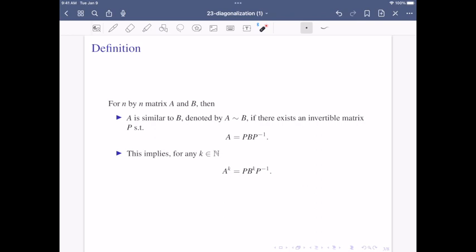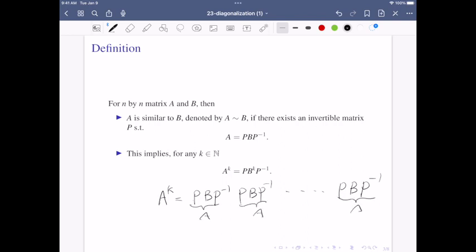This similarity of two matrices can be used for simplification of some computations. For example, if you have A to the kth power, then A to the kth power can be written as A times A times A, all the way, each one being P B P inverse. So we need to multiply A k times.